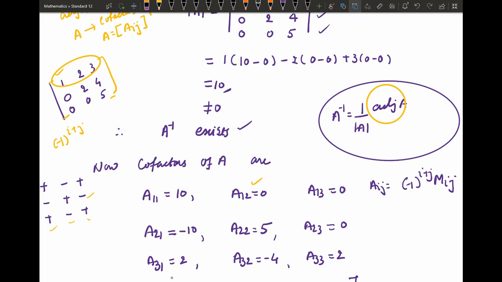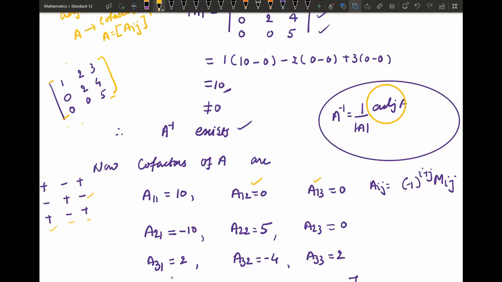Similarly A13 is the cofactor of 3, so again you leave the column and row in which that entry lies. Remaining entries will form a 2 by 2 determinant and its value is 0, so A13 is 0.